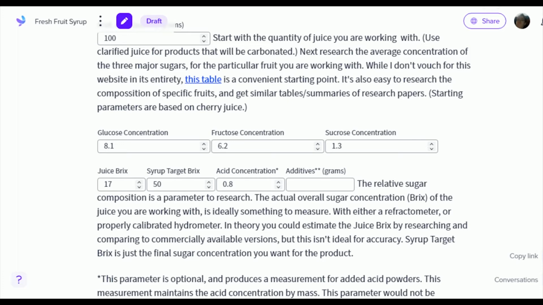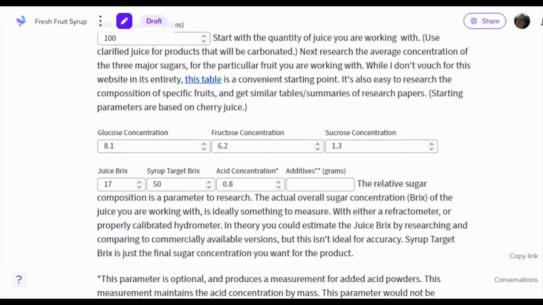So the information you need is the glucose, fructose, and sucrose concentration of the fruit. Obviously, there is natural variability, there are different subcategories, and you have traces of other sugars that aren't one of these three, but basically, those are the big three.